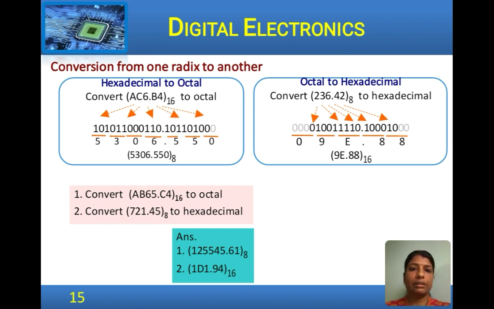Then convert this binary number to octal by grouping 3 bits together, and we have the solution. Similarly, proceed from octal to hexadecimal. The given octal number is represented in binary and then converted from binary to hexadecimal. So the problem is given and the solutions are also given.